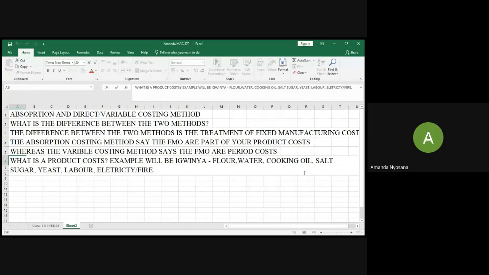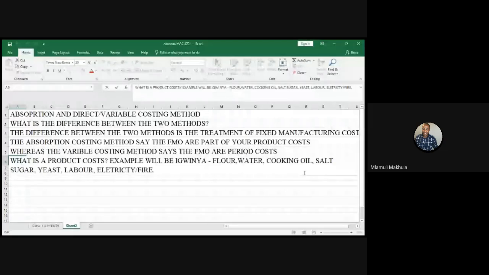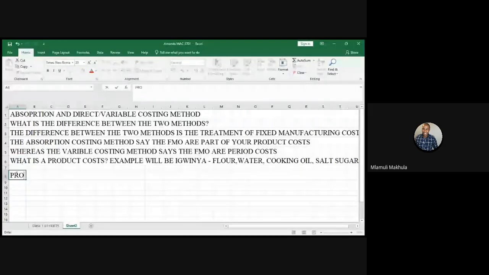All right. So from these ingredients that we've seen, Amanda, these ingredients can be grouped into what's called a product cost.